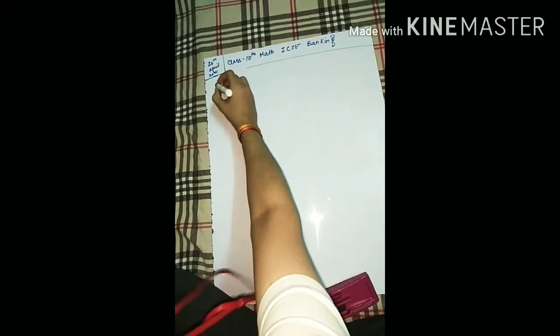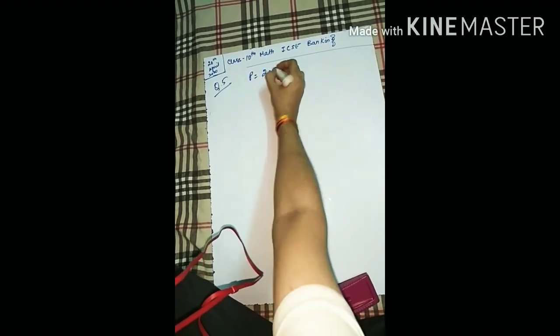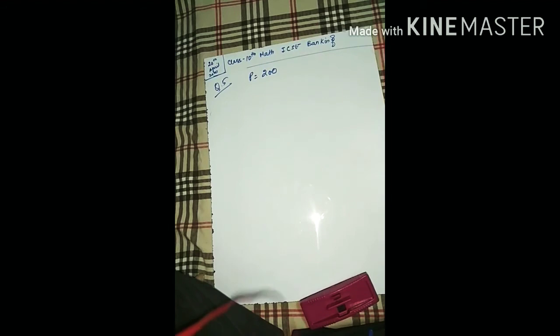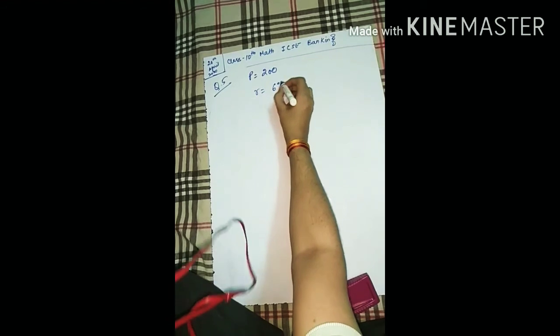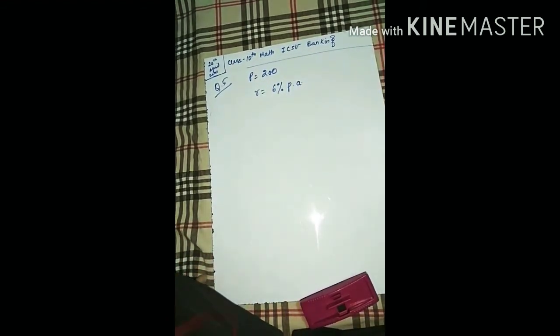This is the fifth question. The monthly deposit is rupees 200. If the rate is 6% per annum, then what we have to do, and this is also one important thing: per annum is given, and in the question the interest is calculated at the end of every month.